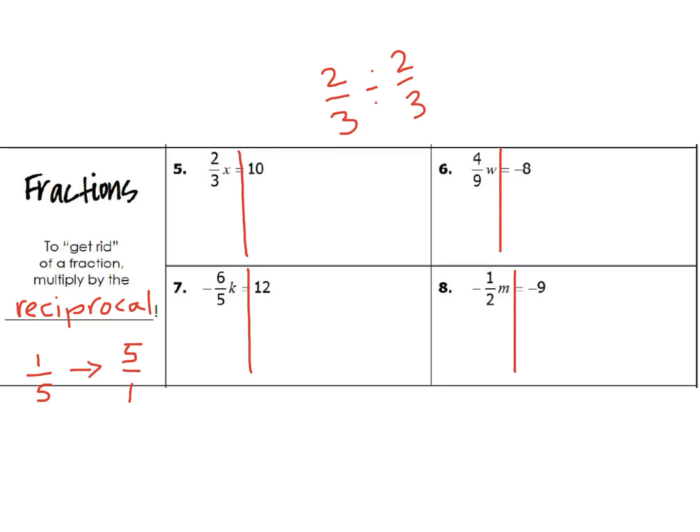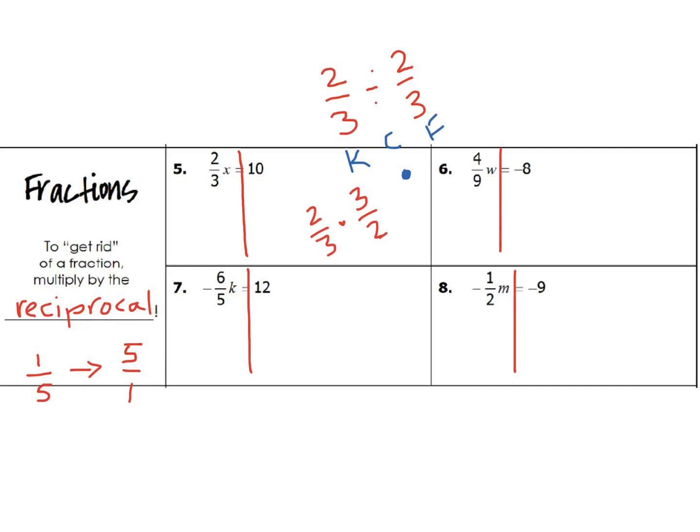If I did 2/3 divided by 2/3, you might have learned back when you were learning how to divide fractions that we keep the first one, we change division to multiplication, and then we flip the second fraction. So that would actually look like 2/3 times 3/2.